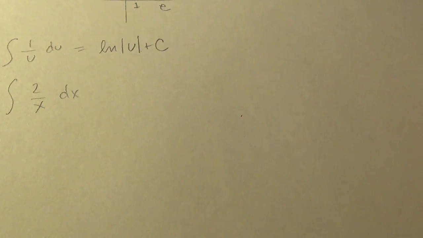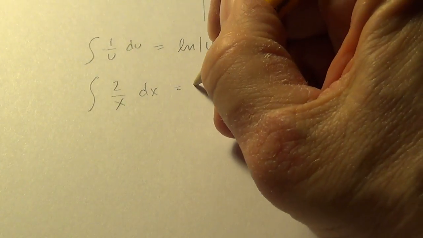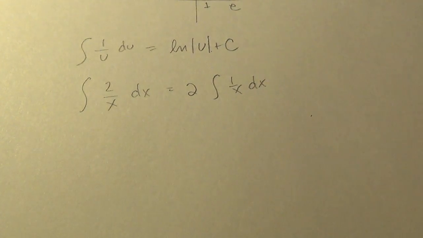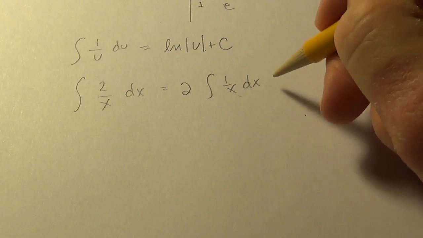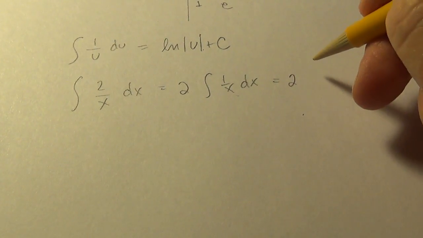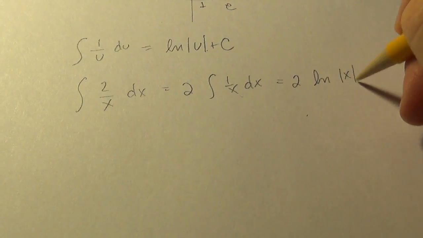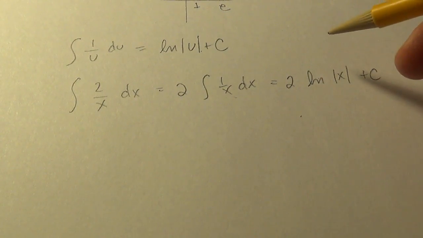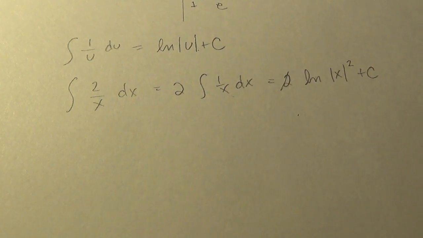The first one isn't too surprising. We're going to do this one. I'm going to pull the 2 across the integral sign, and now I just have a version of this. So it ends up to be 2 ln absolute value of x plus c. The only thing is, because of ln, we can use log rules, so that 2 can run down and become a square.